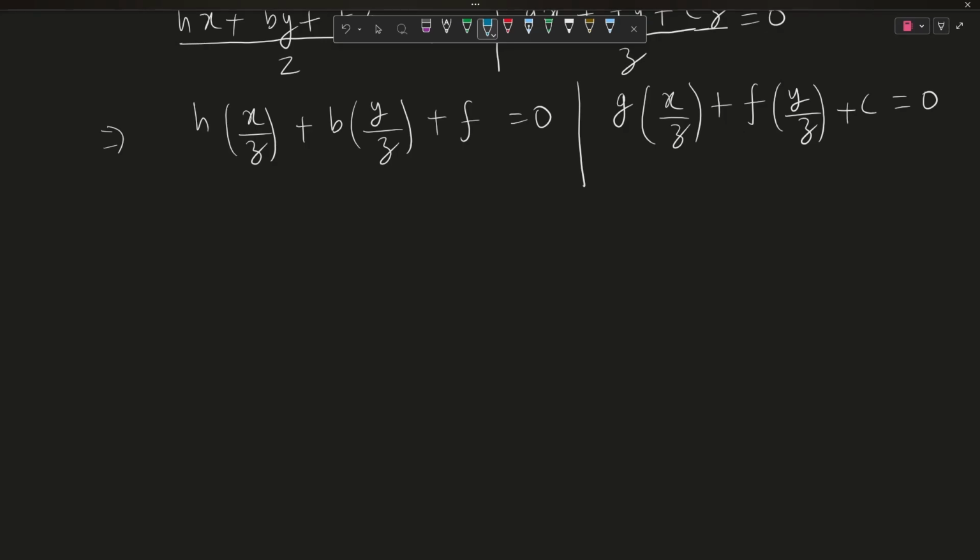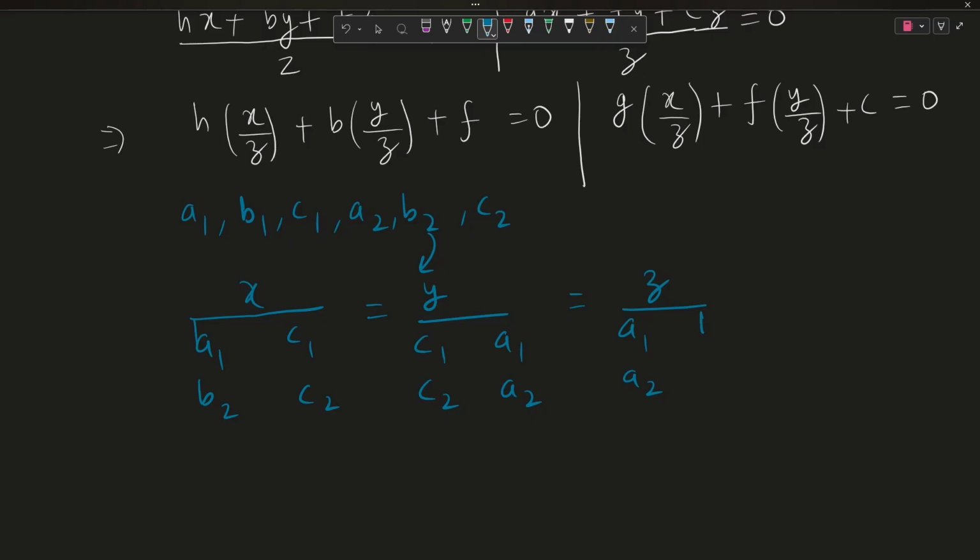for this pair of equations, and for that we need a1, b1, c1, a2, b2 and c2, right? And substitute these values in the formula: x upon b1 b2, c1 c2, equal to y upon c1 c2, a1 a2, equal to z upon a1 a2, b1 b2, right?